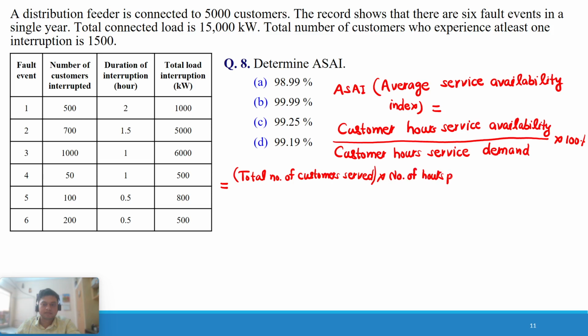Number of hours per year minus customer interruption durations.